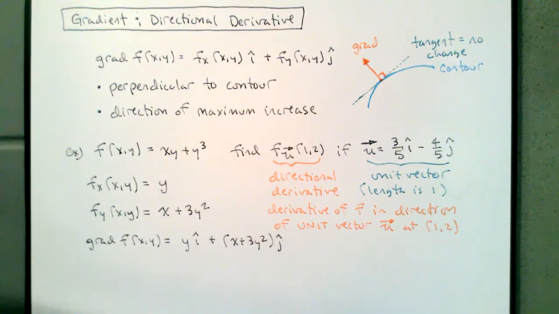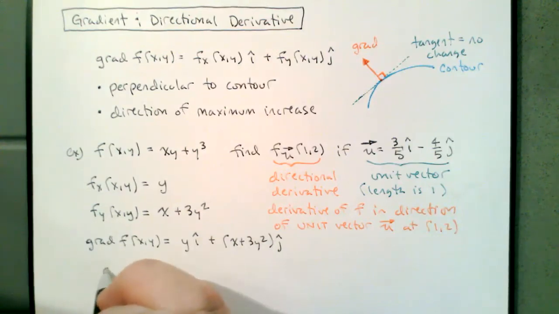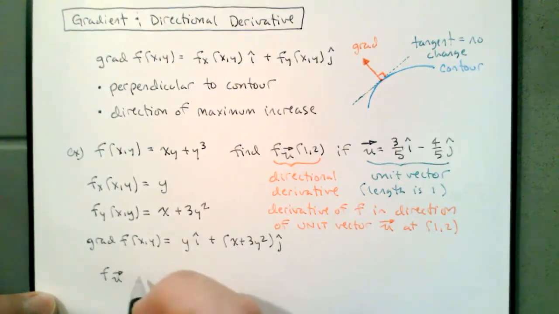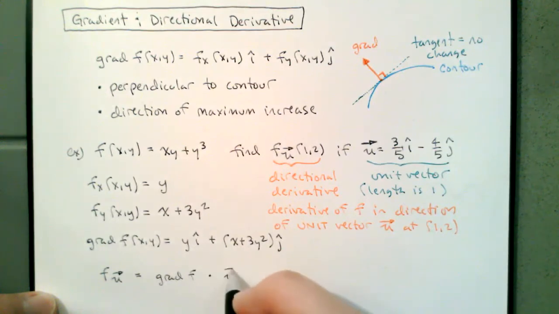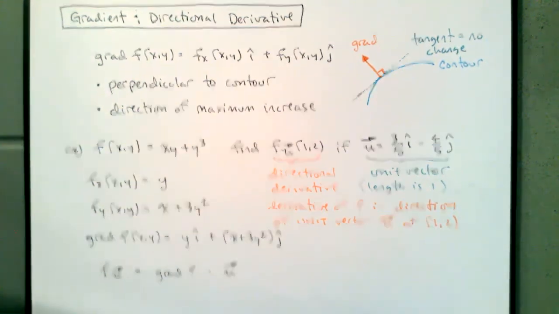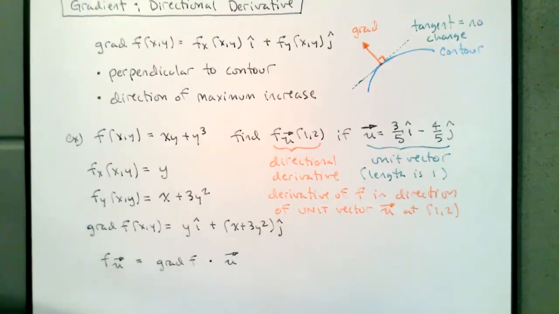We want this directional derivative to tell us the same thing. And we've got two vectors, and we want to combine them to come up with a scalar. And there's only one option. So the directional derivative will be the gradient dot the unit vector. We want to combine these two vectors into a scalar. The dot product is the one to use.